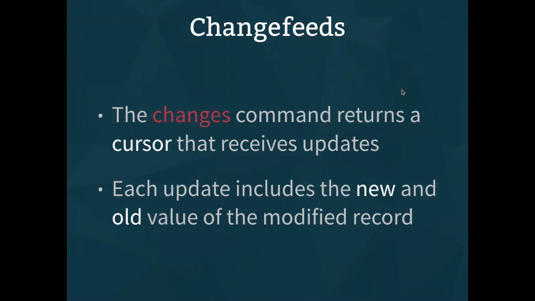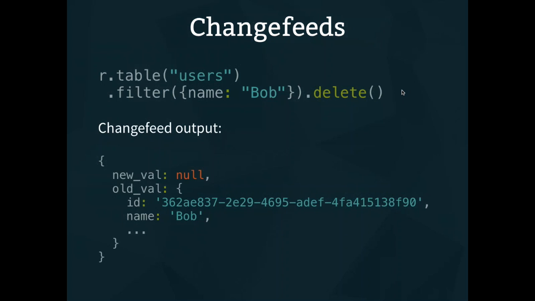Each time you receive an update, a change notification, it'll include the new and old value of the modified record. Okay, so say that we have a table of users and we've deleted the user Bob. The change feed output will show the old value but no new value because we've removed the record.